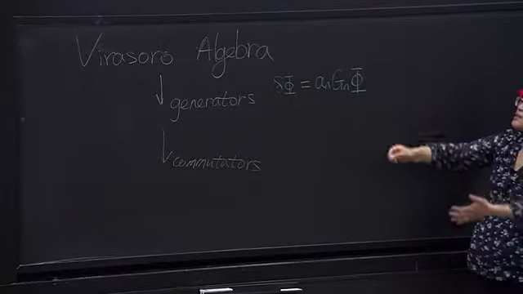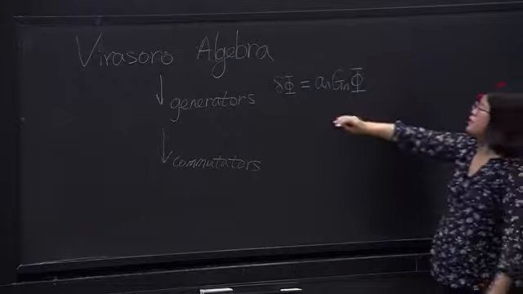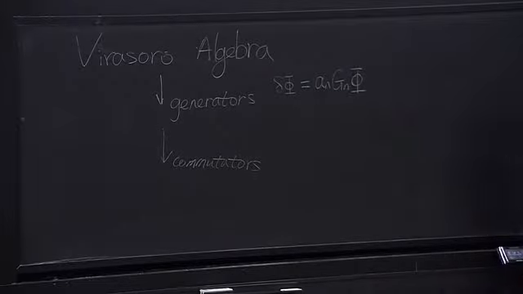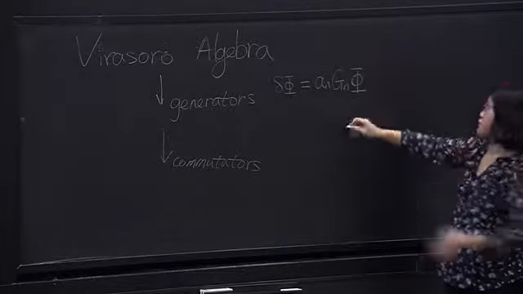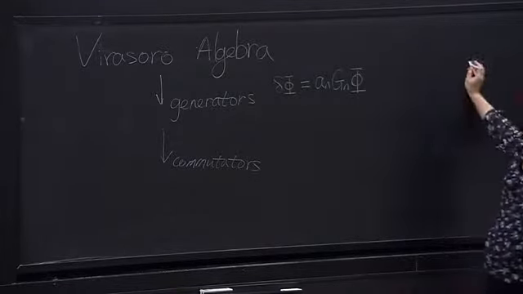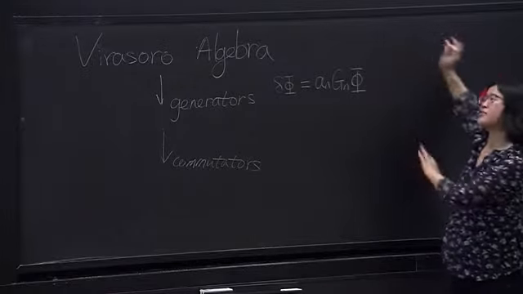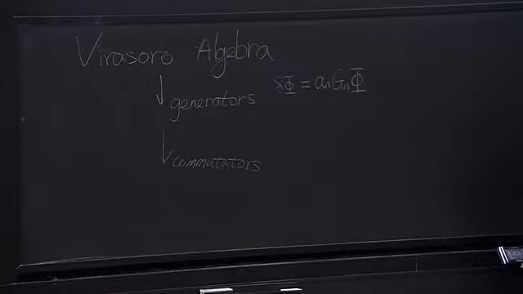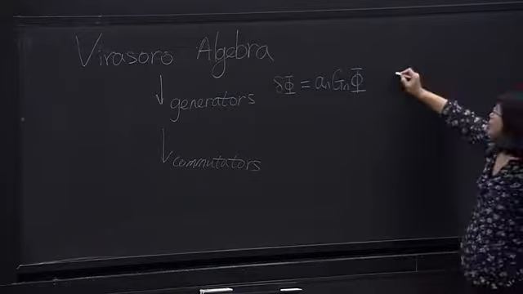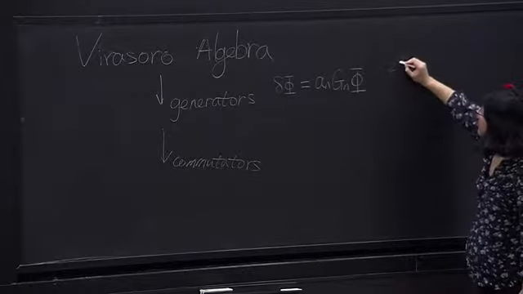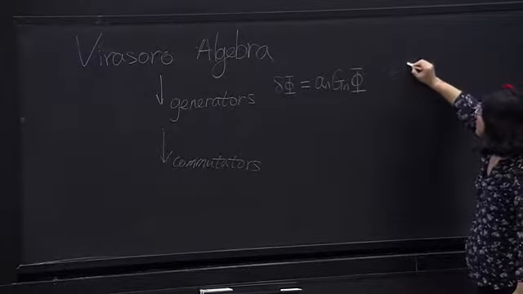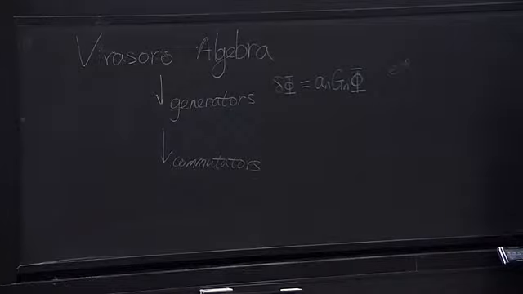And then, you might have seen the exponential form, so this is the infinitesimal form. If you have a finite transformation, then you just exponentiate it. You do it a large n number of times and chop it down to infinitesimal, then you get something like e to the i alpha theta if you're talking about a U(1).